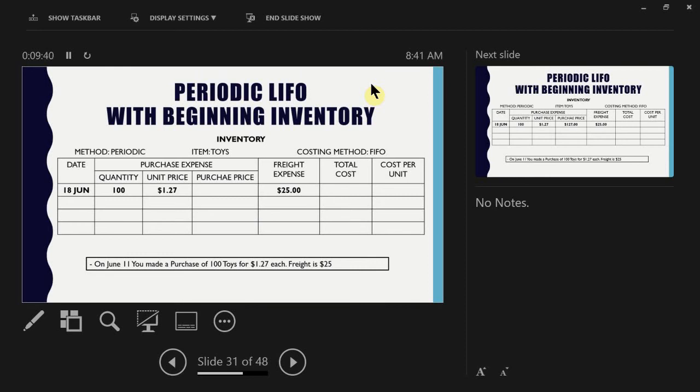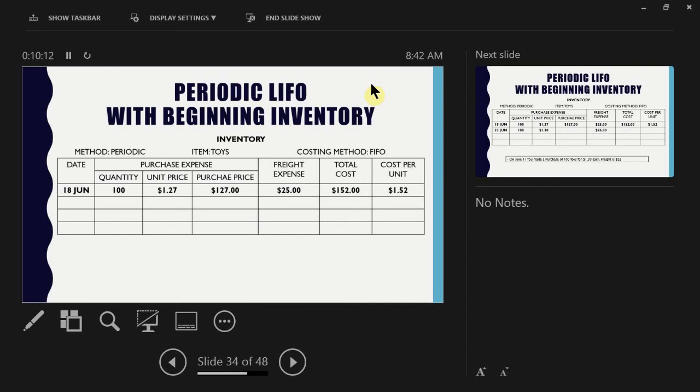We end up purchasing 100 toys at $1.27 each, and the freight was $25. So same thing here: purchase expense is going to be 127 plus my freight, which gives 152. So the cost per item is $1.52.